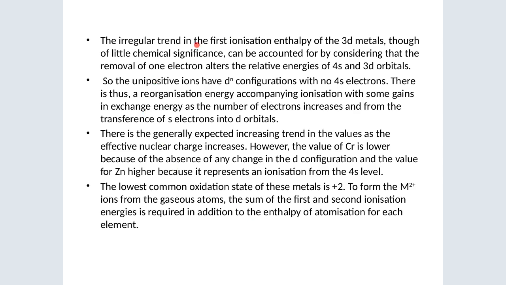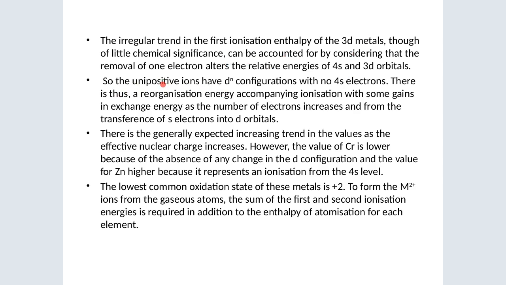Okay, you would get some irregular trends in the first ionization enthalpy of 3d metals, and this is of no much chemical significance. However, considering that the removal of an electron alters the relative energies of 4s and 3d orbitals, that would account for that.